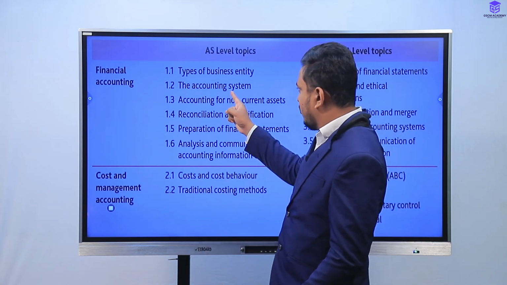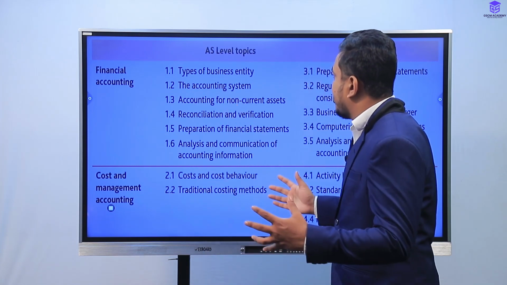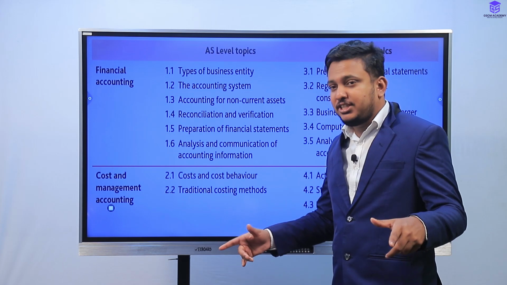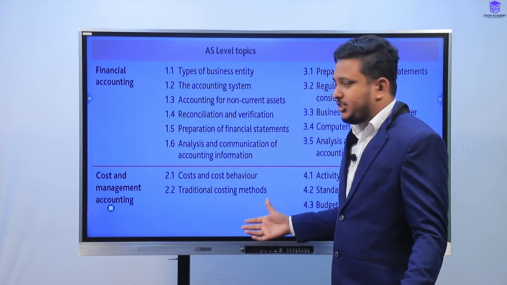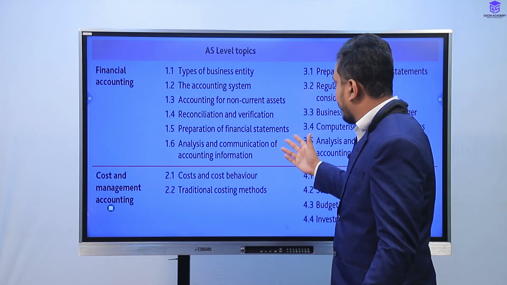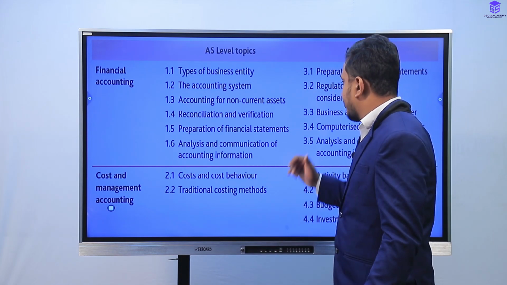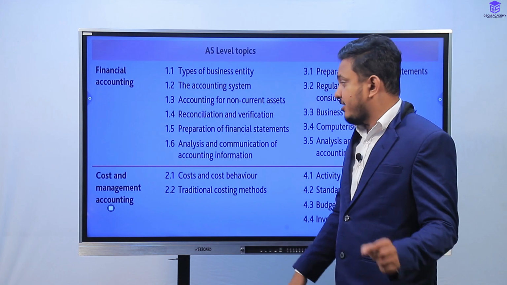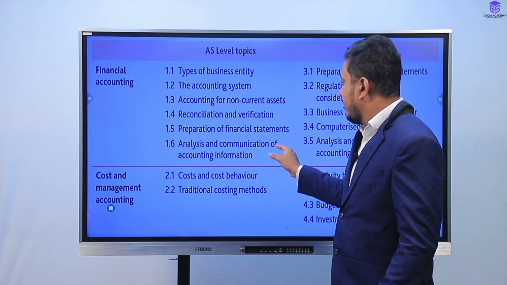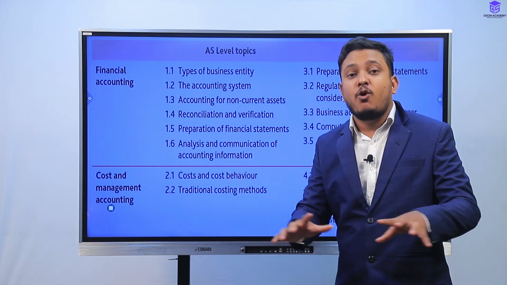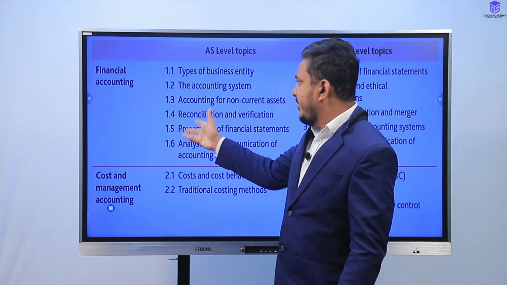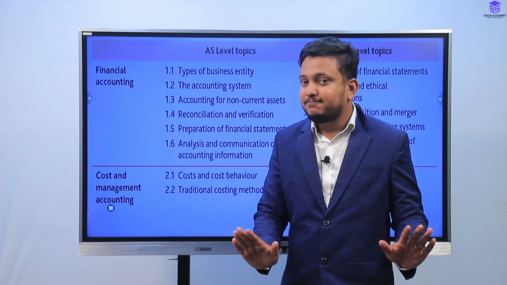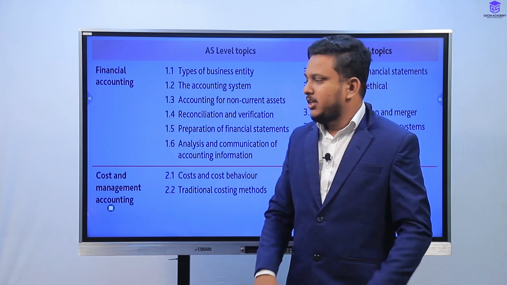What is the first one? 1.1, types of business entity. Then the accounting system, accounting for non-current assets, reconciliation and verification, preparation of financial statements, and lastly, analysis and communication of accounting information, right? With that, you will be done with the financial accounting branch.